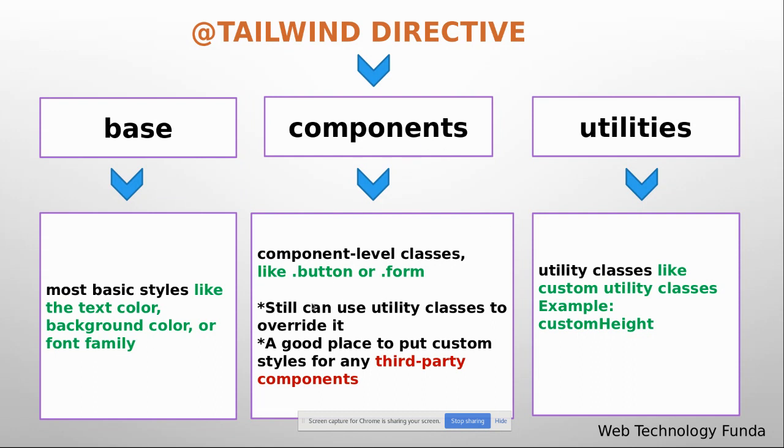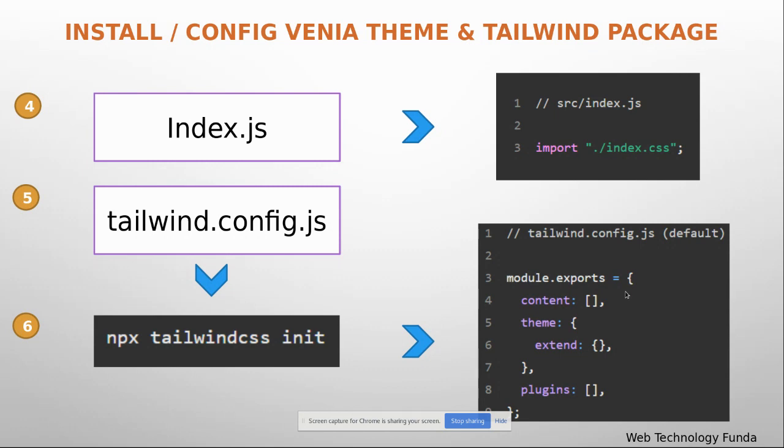Component is based on component-level styling if you want to do it on the component side. So we can create our classes there inside the component CSS, and then we can use them. Still, if you want to override this CSS from the component, then we can override that in our utility classes.